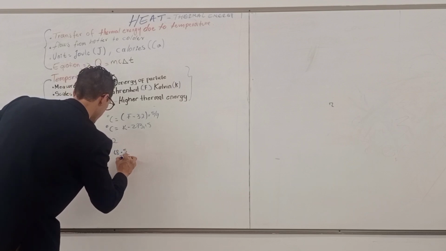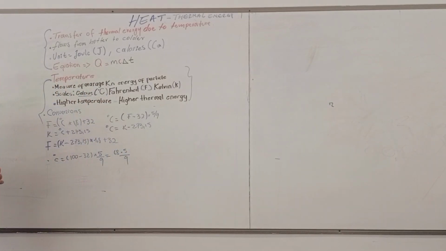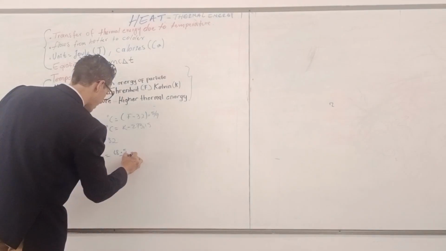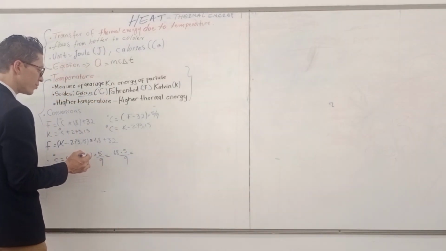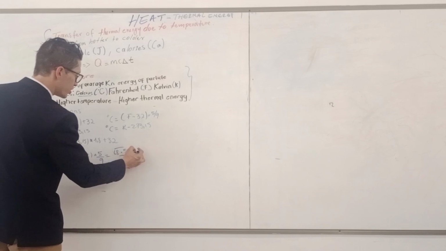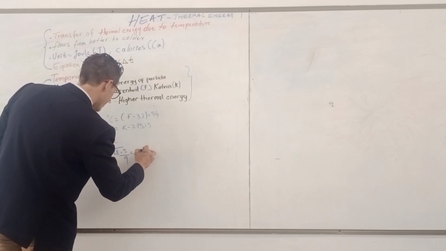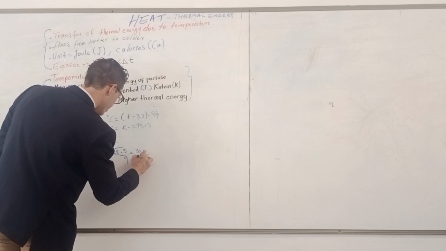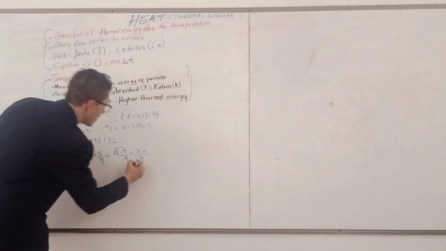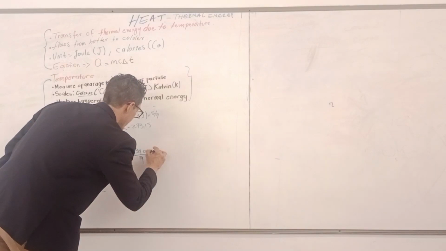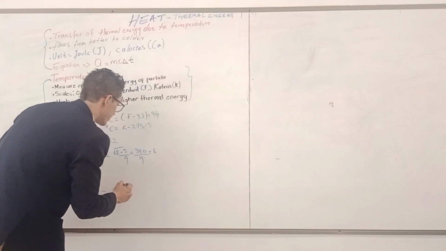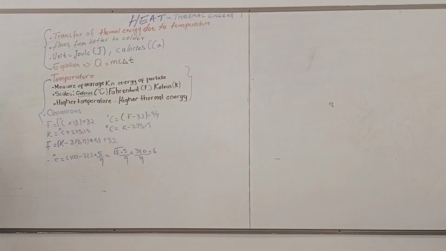It is divided by 9, right? Then here, what you can do is the multiplication of this is going to be 340 divided by 9. Like 6 something, right? You got to do it by yourself.